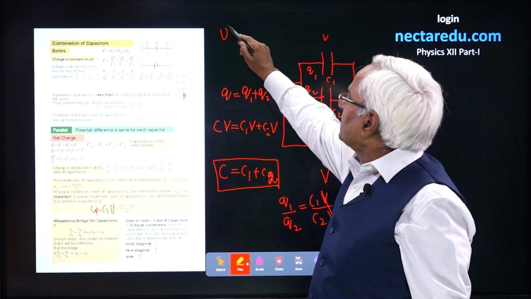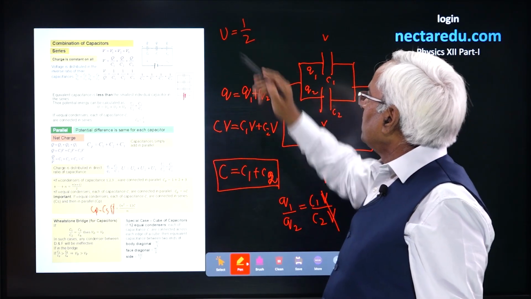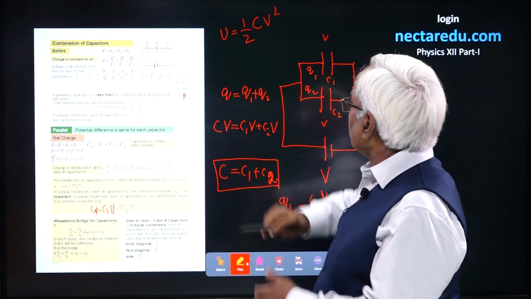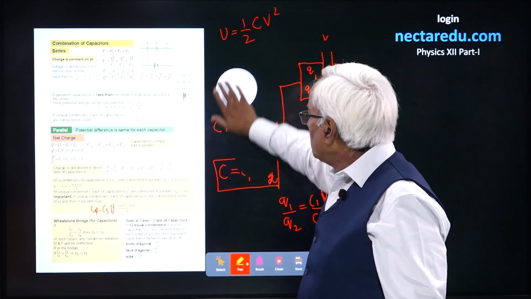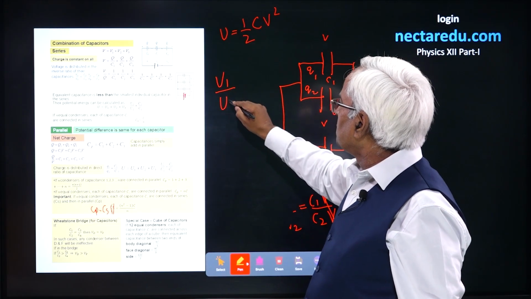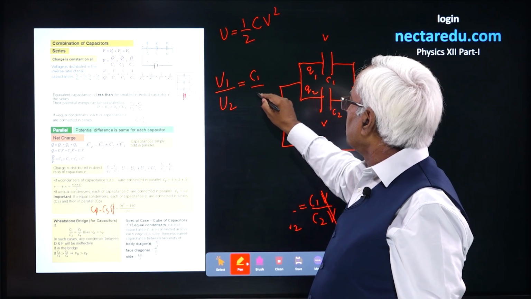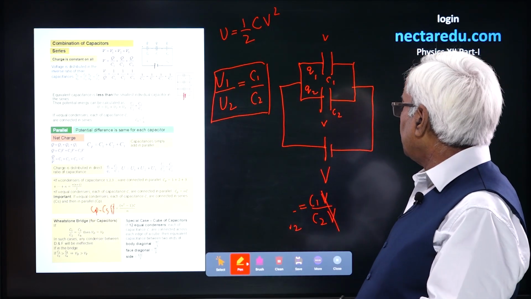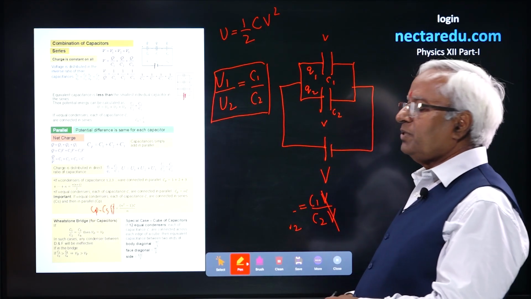If you want to check the ratio of electric potential energy, you prefer this relation, and in this, V is going to be common. Then in that case U1 upon U2 will simply be C1 upon C2. Then let's compare both combinations.